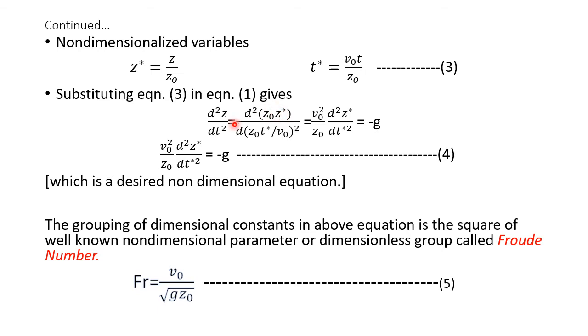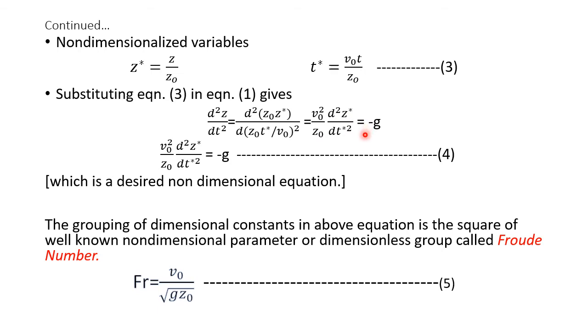Wherever t is there, you replace it by t star z0 by v0, so dt square becomes z0 t star by v0 whole square. Since z0 and v0 are constants, when you take them out, our expression is v0 square by z0 into d square z star by dt star square is equal to minus g.